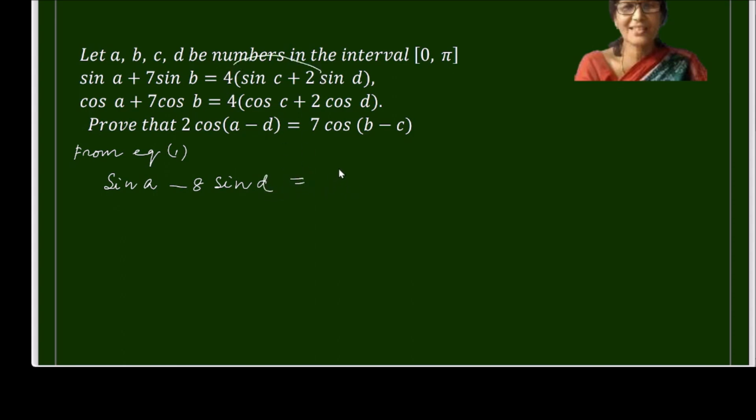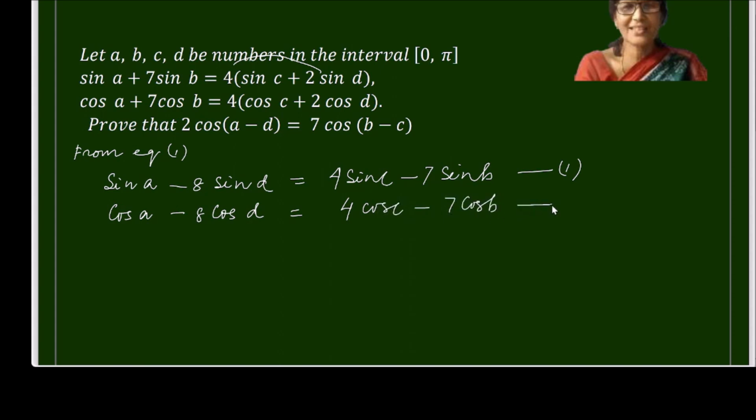Here it will be 4 sine C minus 7 times sine B. The same way, equation 2 will be cos A minus 8 cos D is equal to 4 cos C minus 7 cos B.